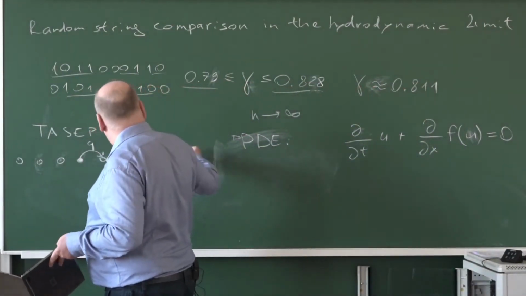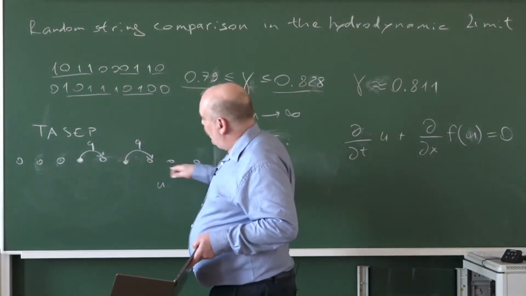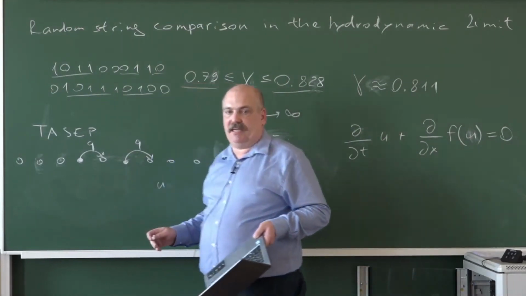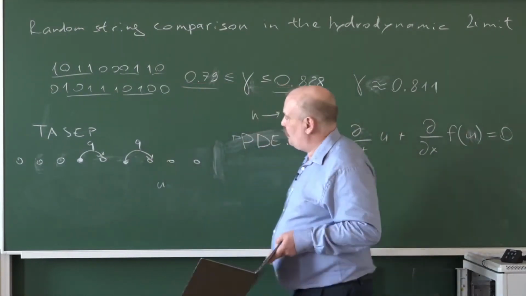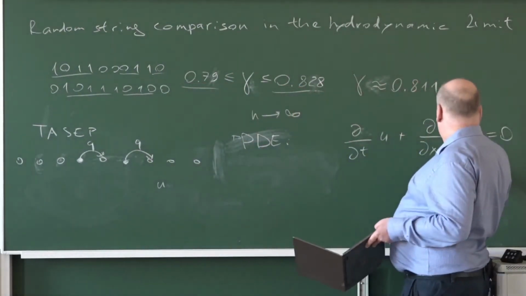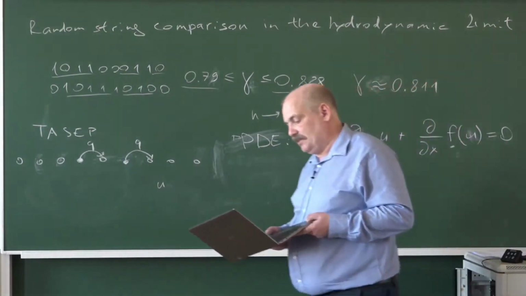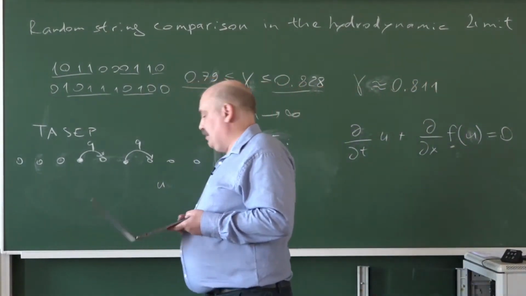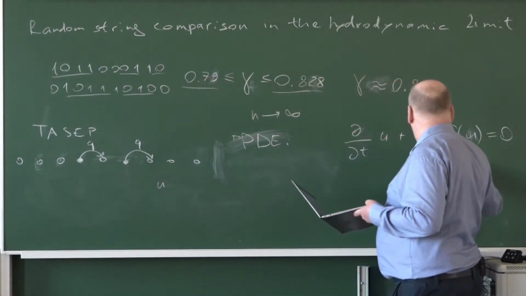If the time is discrete, it depends on how we update. Do we update all the sites simultaneously? Do we go from left to right or from right to left? Depending on all that, there is this flux function that describes the behavior of this process.